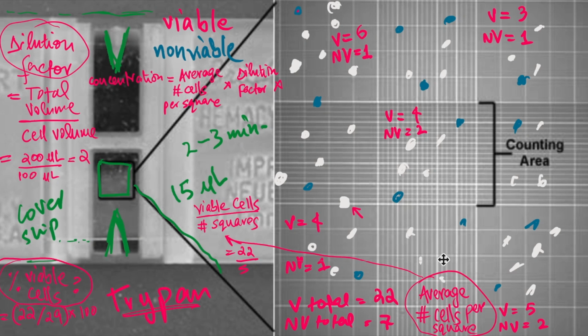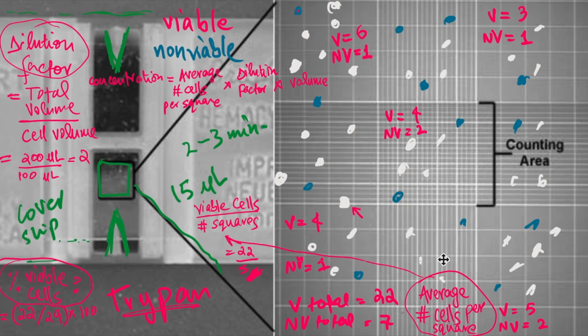We are aware of what the average number of cells per square is. We already calculated that, 22/5 right here. We know what the dilution factor is. We have computed that as well. And now we're interested in volume.